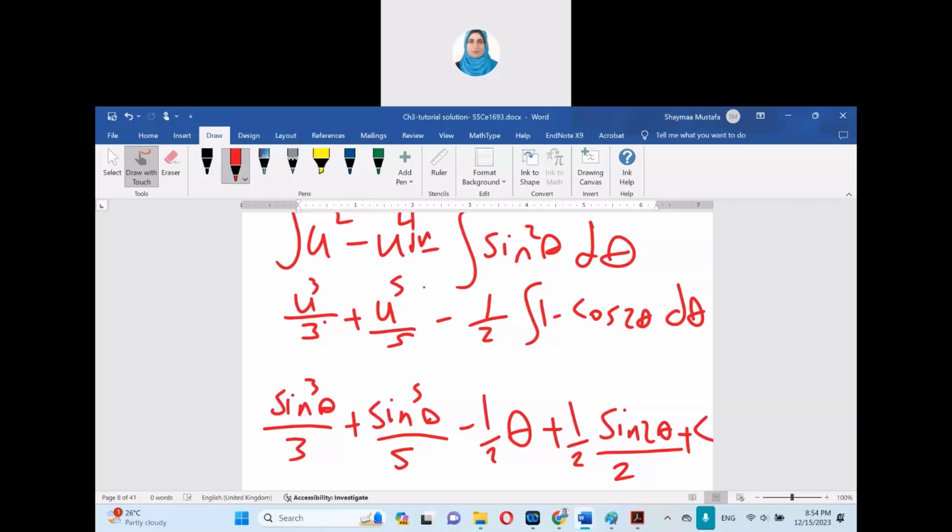So this is question 11b. We have question 11f.